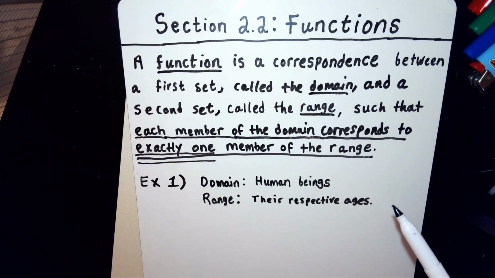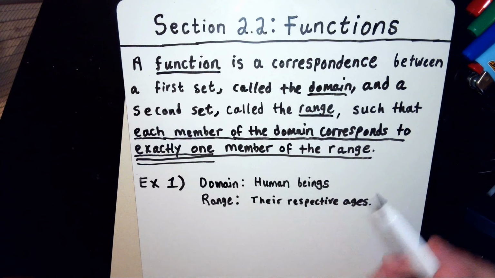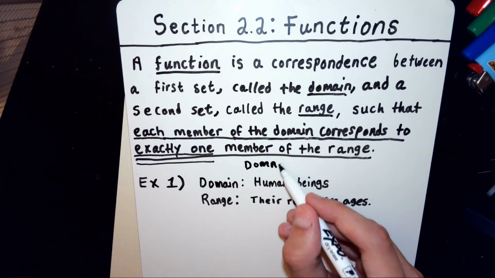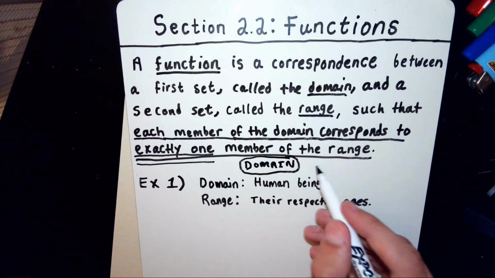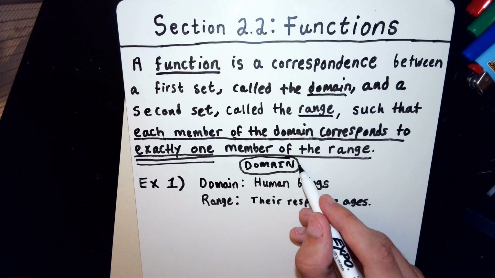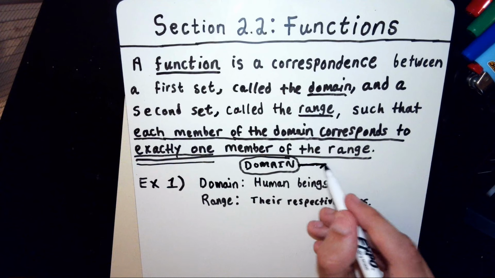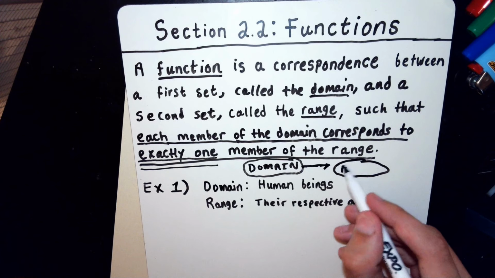Let's look at a picture. Usually the picture is some set that's the domain, and then you've got this function or rule of correspondence between the domain and the range.